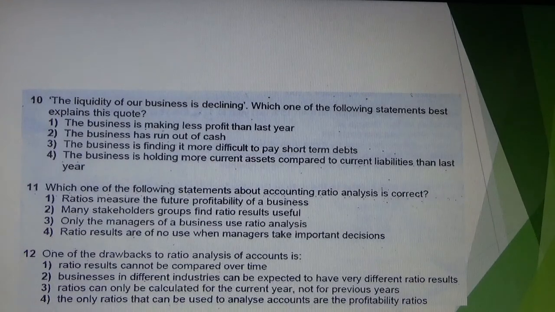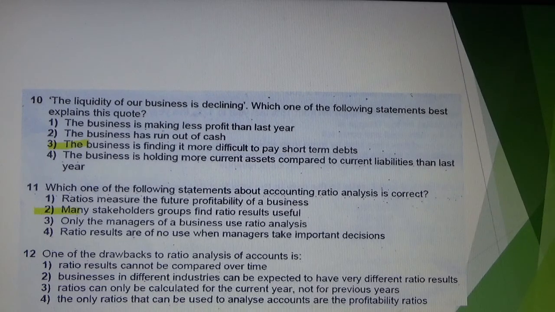Number 10, the liquidity of our business is declining. Which one of the following statements best explains this quote? We have here, the business is finding it more difficult to pay short-term debts. Number 11, which one of the following statements about accounting ratio analysis is correct? We will consider choice number 2.